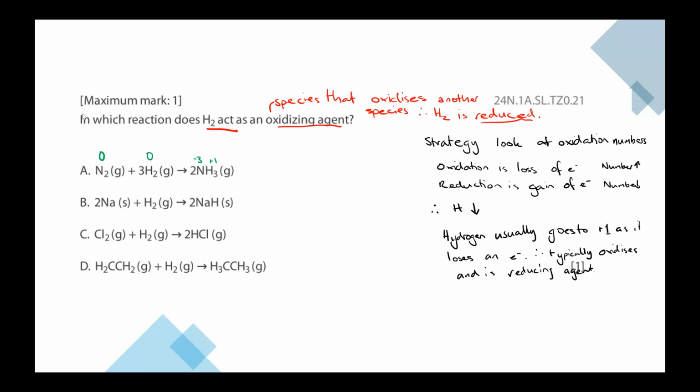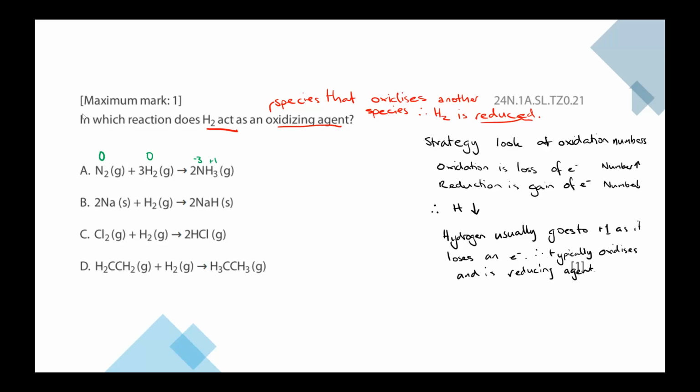Alrighty, so first one, oxidation number for nitrogen. Elements on their own in their normal state, it's usually 0. So nitrogen 0, hydrogen 0. In this case, the nitrogen is a -3, and the hydrogen is a +1 because the hydrogen has oxidized and given electrons to the nitrogen.